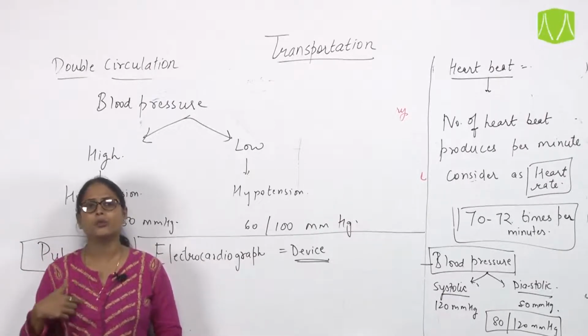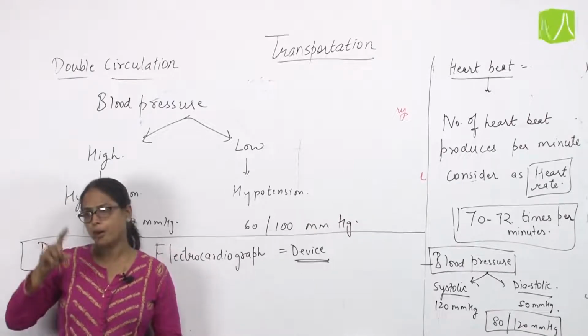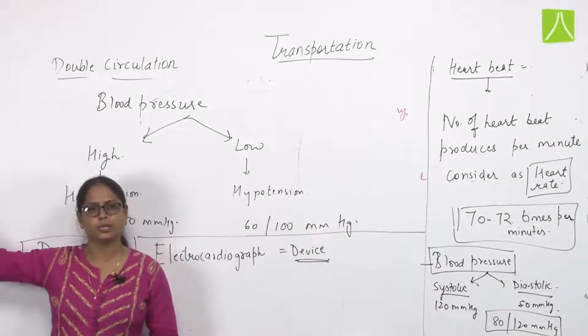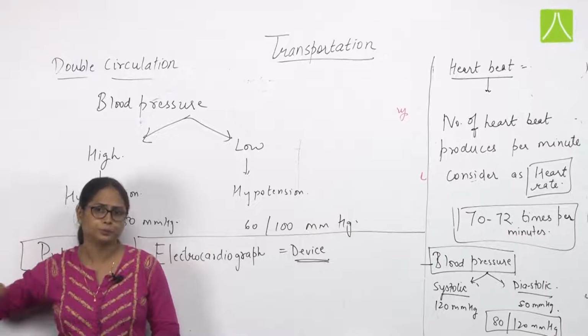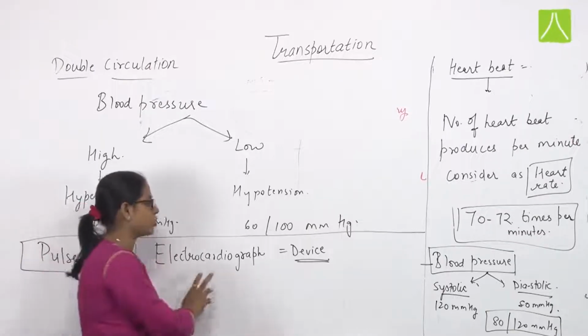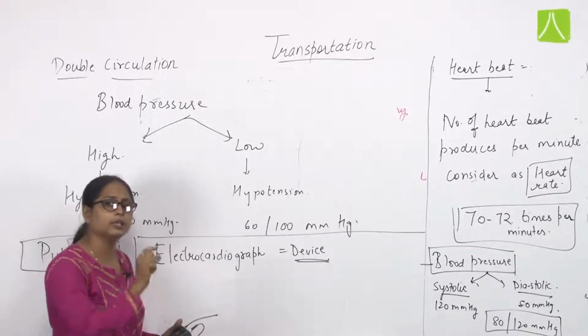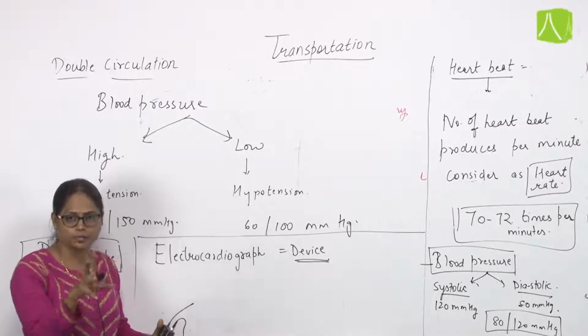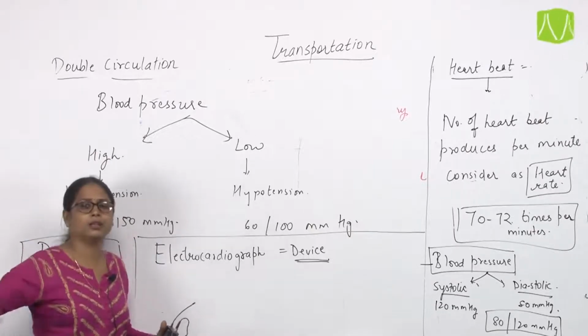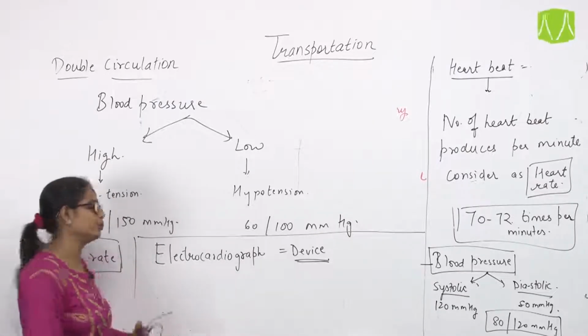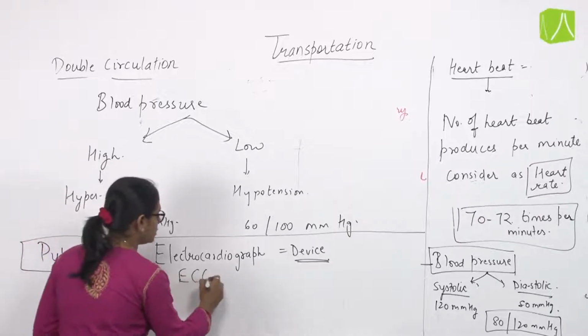If your heart is working properly, then a proper standard form of signal arises on that computer system. So the device is known as the electrocardiograph, and the graphical representation which appears on the computer system is known as ECG.